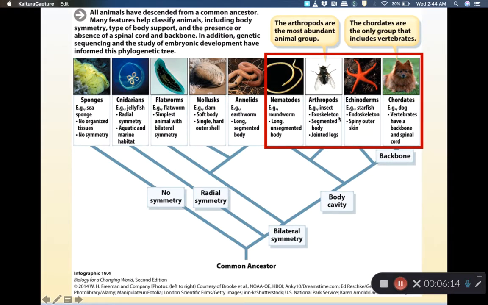So now we've gone through these main branches here at the right side of the tree. Then these are again organisms that are more organized, have body cavities, and have more complex, or what we think of as more complex biology.